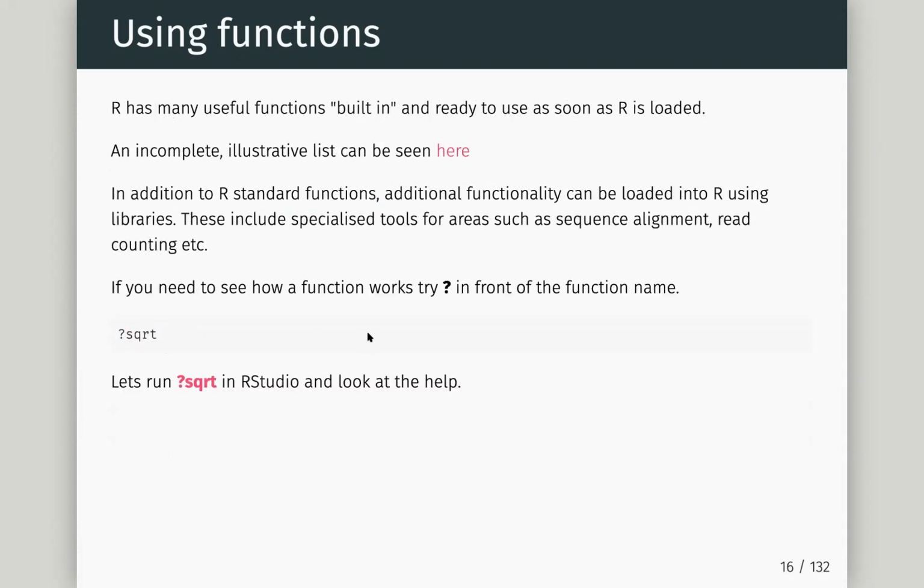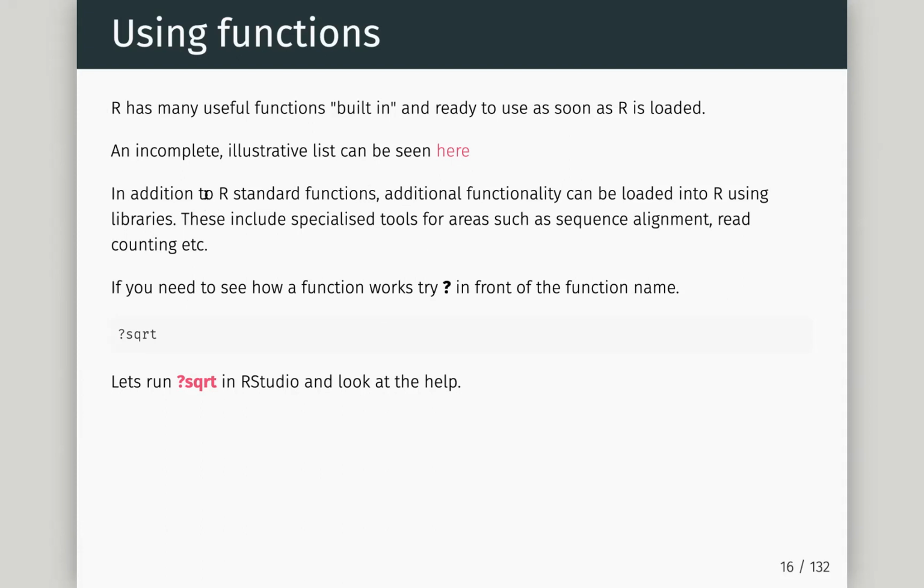R has many built-in functions out of the box. In base, we didn't have to load anything new in order to run square root. It has lots there. I have a list here, but it's so incomplete, it's not even worth clicking on.